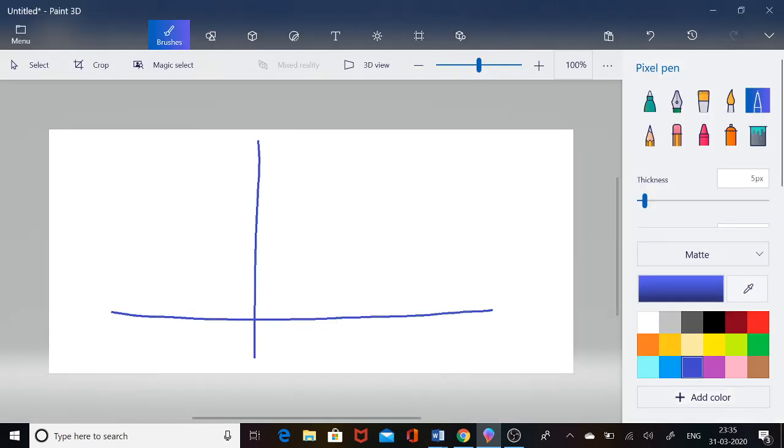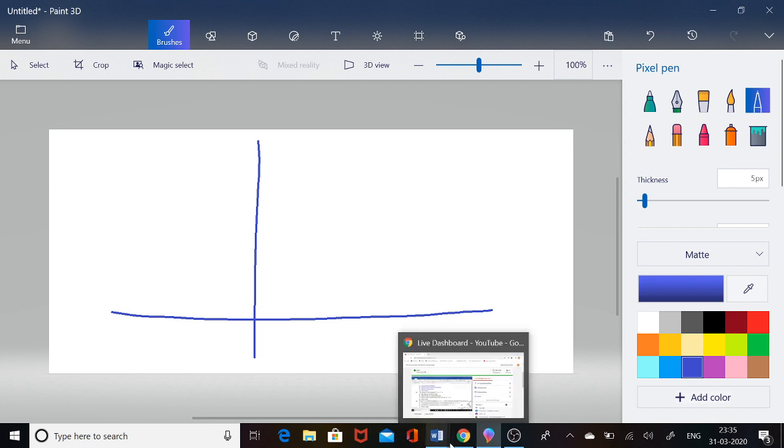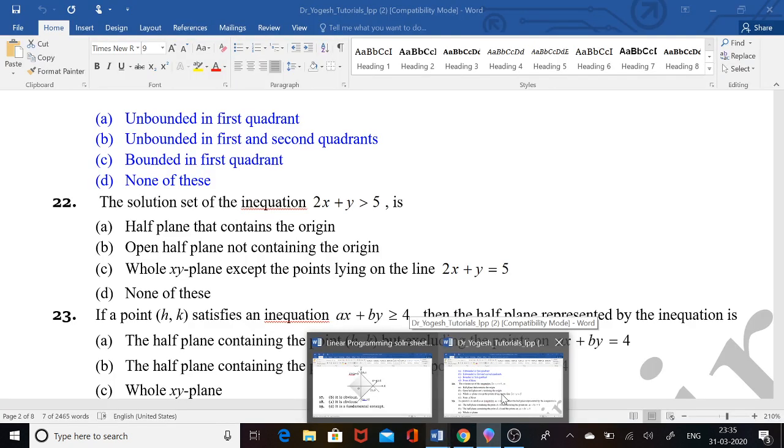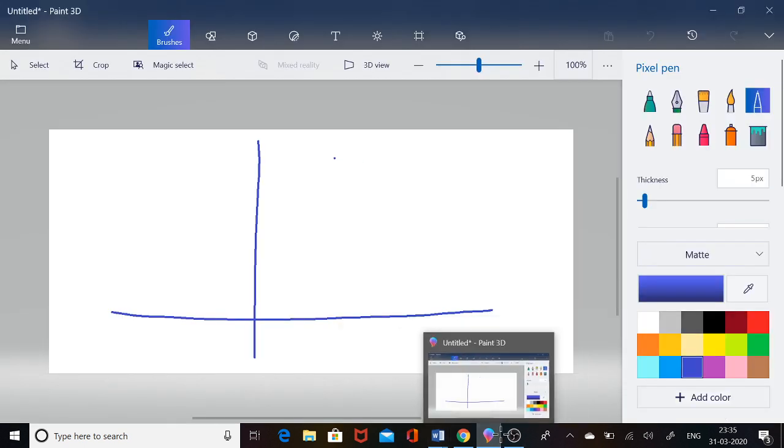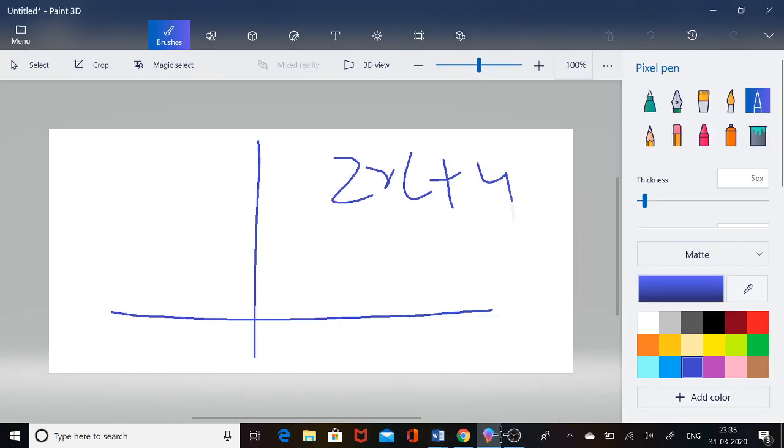For the 22nd, the question was 2x plus y is greater than 5. So 2x plus y, both are going to be like this shade.